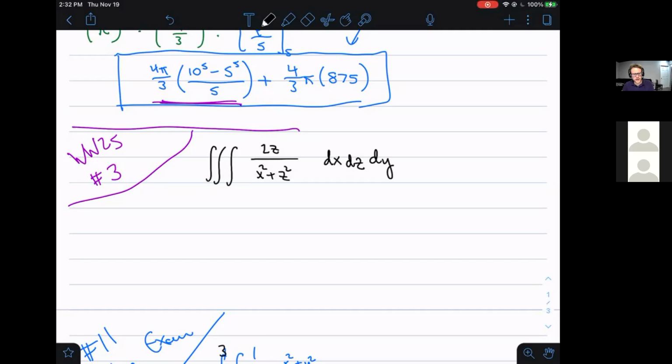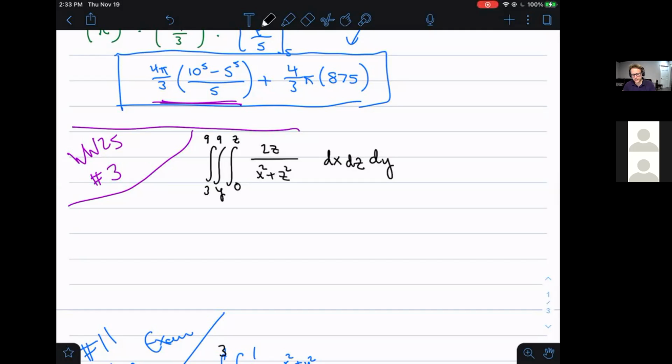The region has x's going from 0 to z, and then our z's are going from y until 9. So you can see the x depends on z, and then the z depends on y, and then the y is just constants, 3 until 9. So this would be a good ordering.